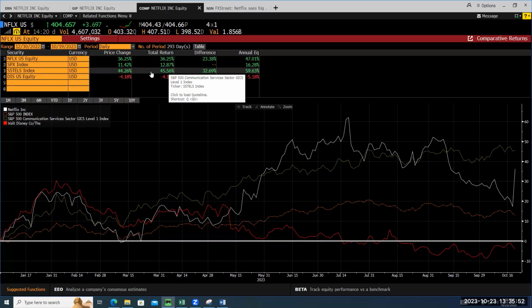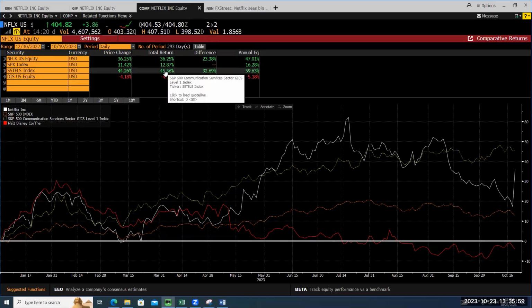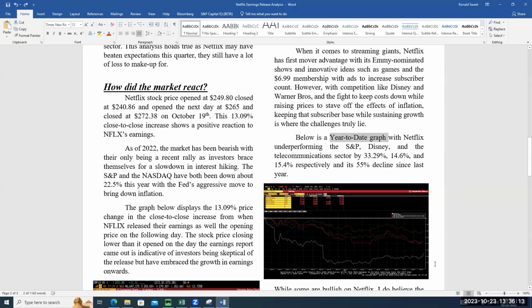Well, because Meta is in telecoms, and Meta did extremely well this year, even more. So Meta is such a massive stock that it really drove it. But you can see Disney is actually struggling quite significantly. And here you have the graph. I didn't put the graph on the one day because it doesn't really work. But if you do the year, you can see for the year to date, he showed the entire graph.